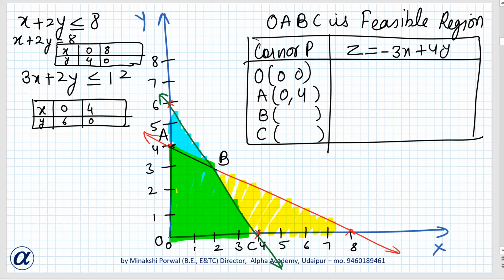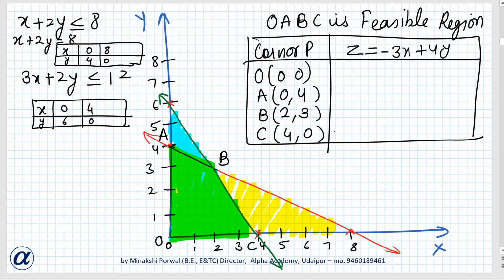Okay, what is C, Sahil? 2, 3 is B. And what is C? 4, 0.